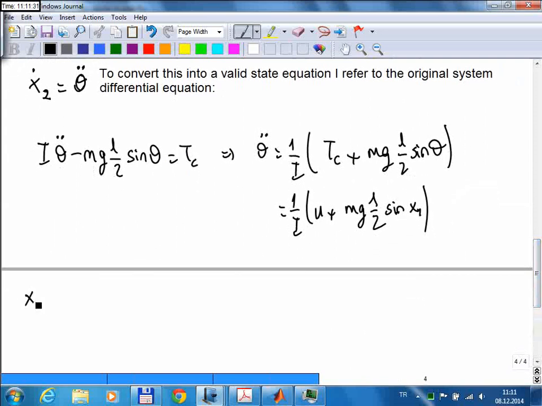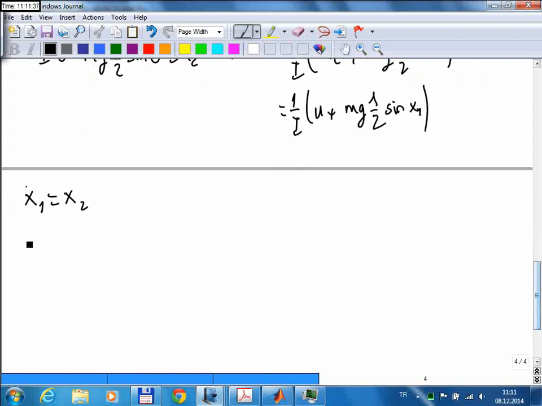So now my state equations are the following. x1 dot is equal to x2 and x2 dot is equal to mgl divided by 2 times the moment of inertia times sine of x1 plus 1 over I times u.